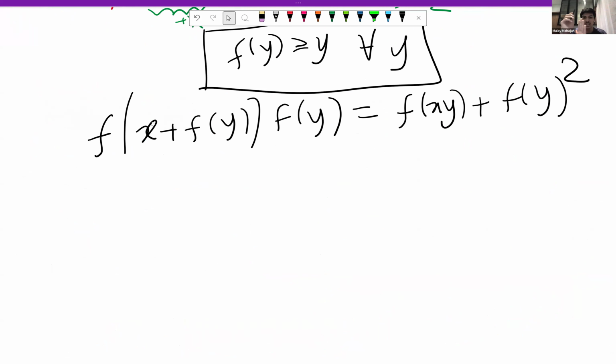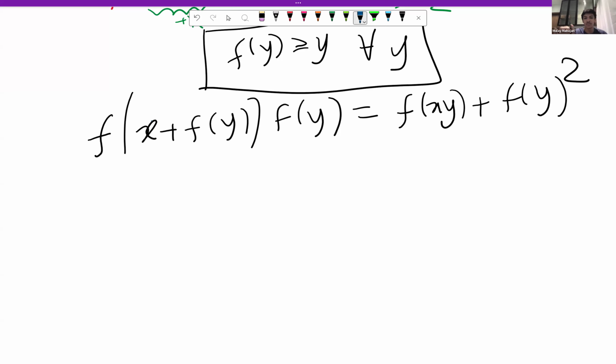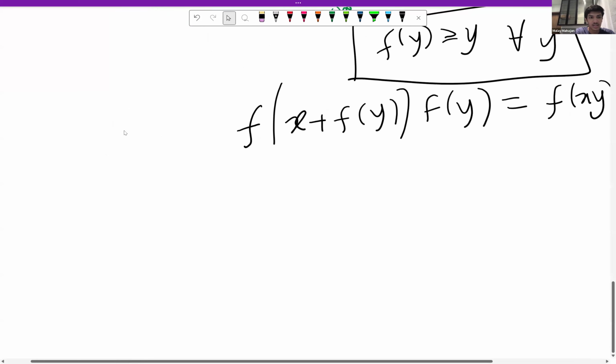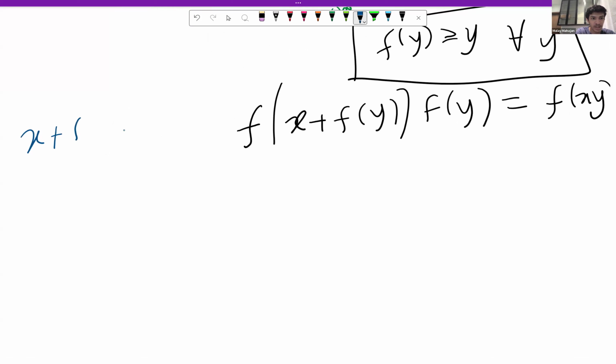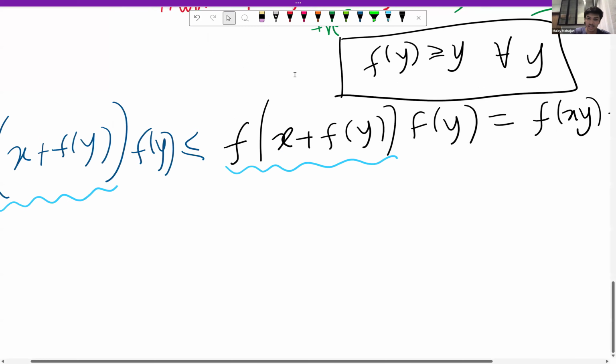And if you look at this equation, this term is bad in the sense that there's too much stuff in it. So if we somehow get rid of it, that's good. And so we use the bound. This thing is at least x plus fy times fy, where I have used the bound that f of x plus fy is at least x plus fy.